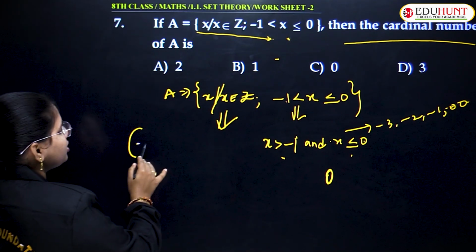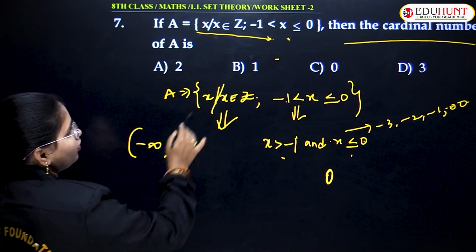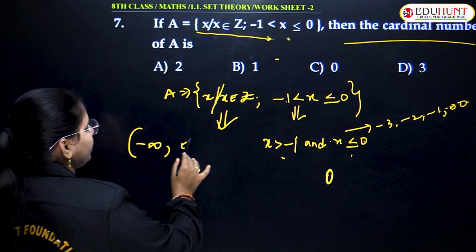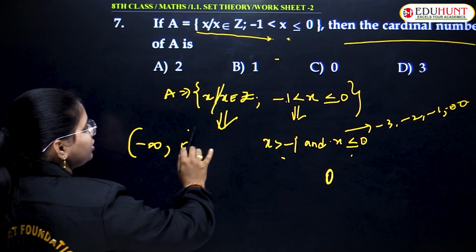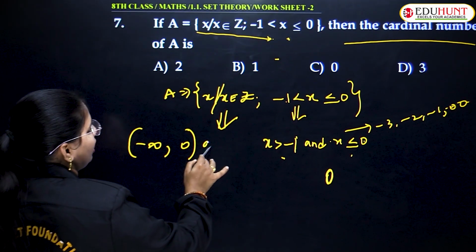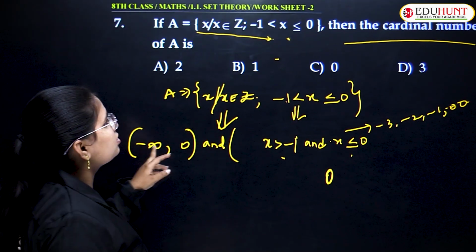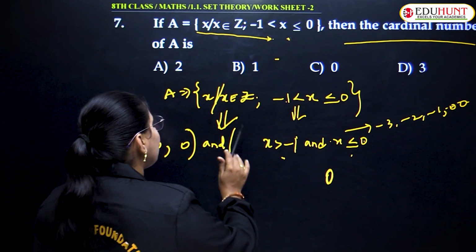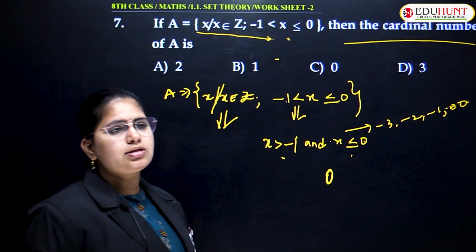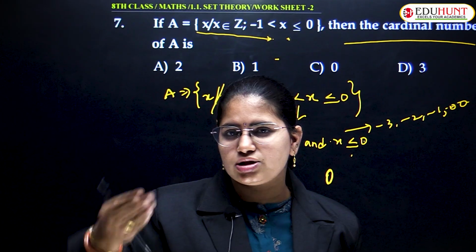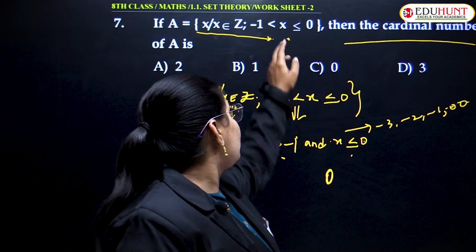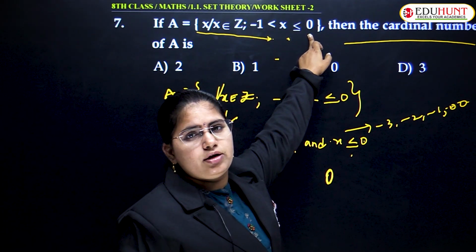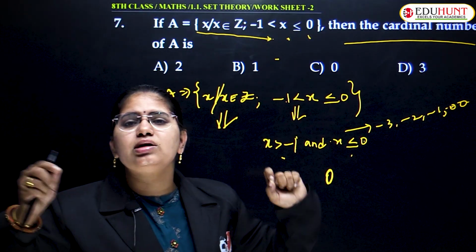So x greater than -1 goes from -∞ up to 0, and this will be closed, and in this set, x is equal to 0. So you will have two different cases. Greater than -1 starts from 0, right? And here, 0 is already included as equal to 0, and less than 0 gives -1. So at least you are having only 0 as the element.